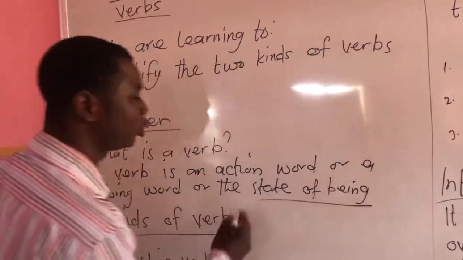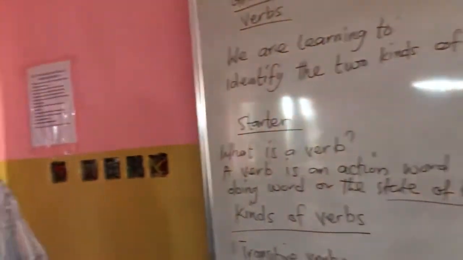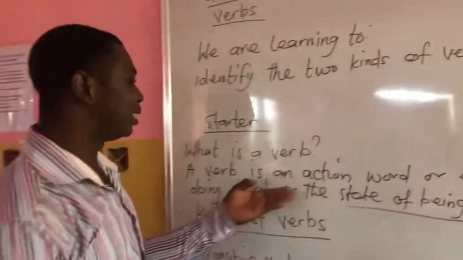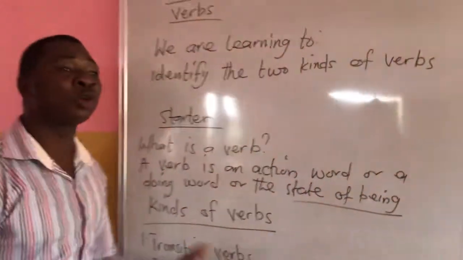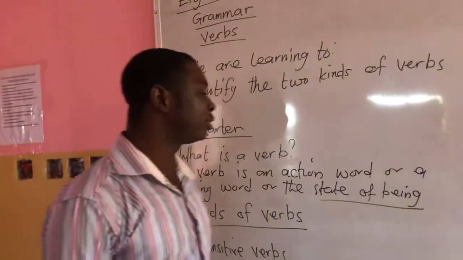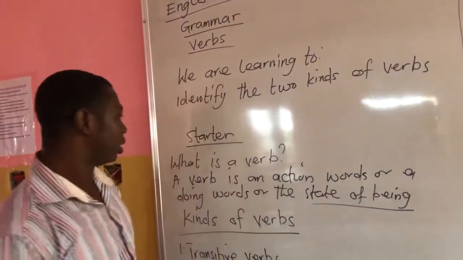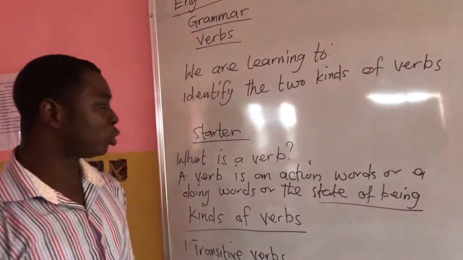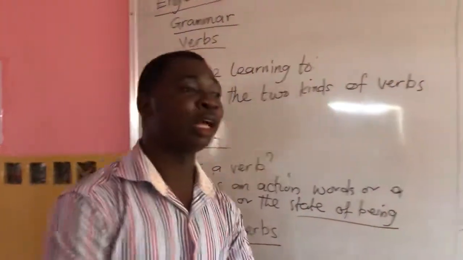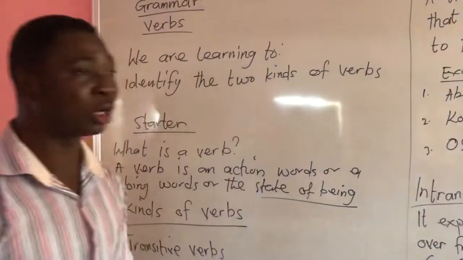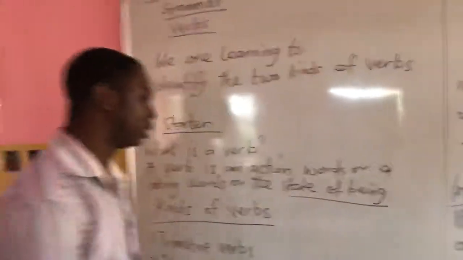I know I have confused you here. State of what? Being. When we say action words, they are also doing words, because any action word that you mention right now, you can also do it. Example, run.